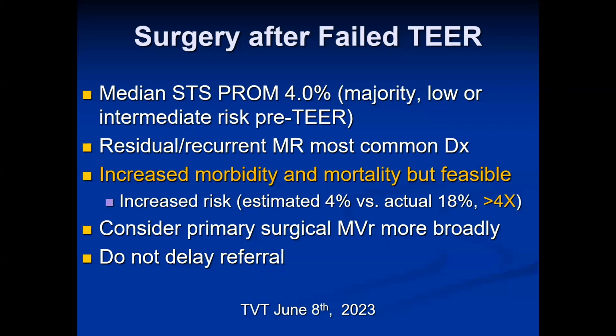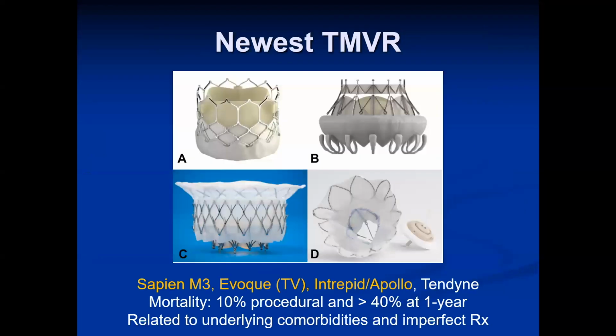But there is a 4-fold increase in mortality if they go to surgery after they had a clip, as opposed to their baseline characteristics. So there is a price that we pay. I don't feel in our experience here that it's quite 4-fold, but it's significant. Usually we operate on them, now they have hemolysis, they have MR, there are other things, or they've been in failure for a while. And so we should consider therapy earlier if they fail.